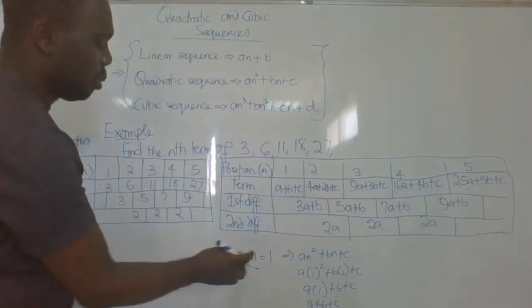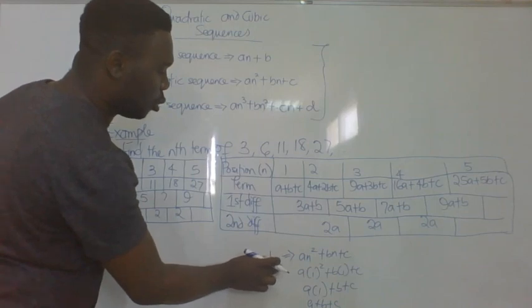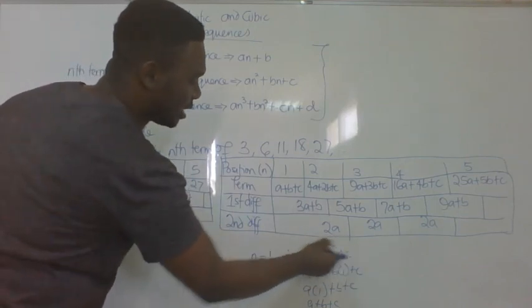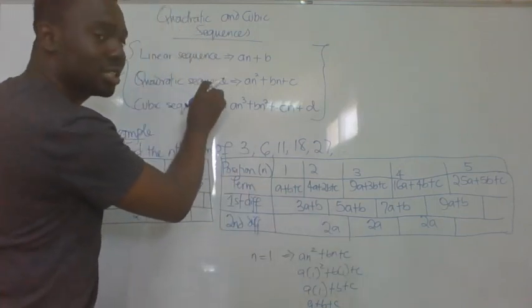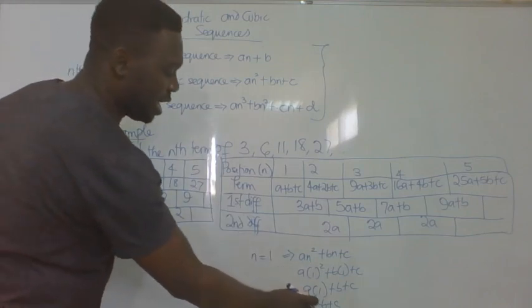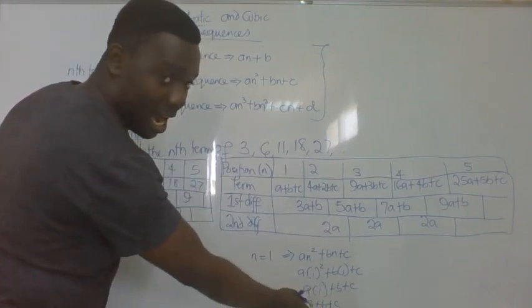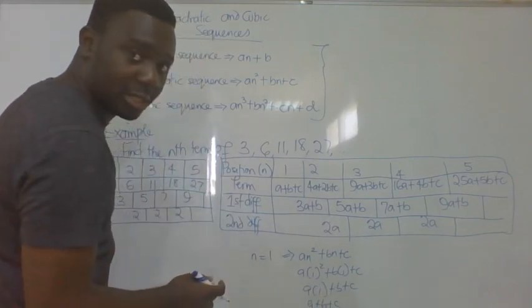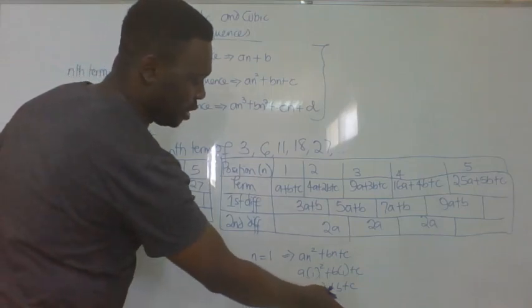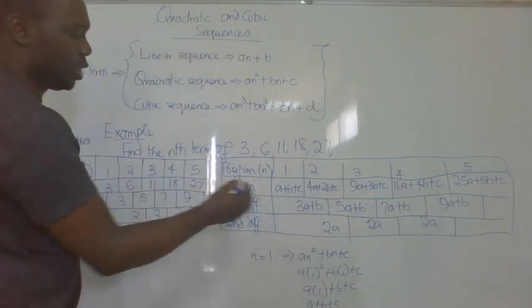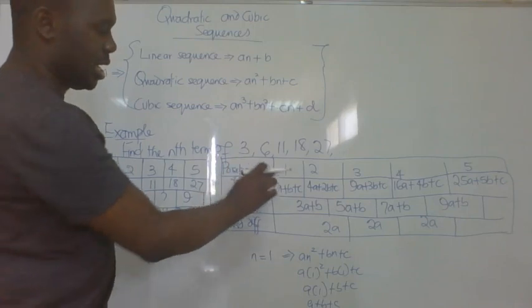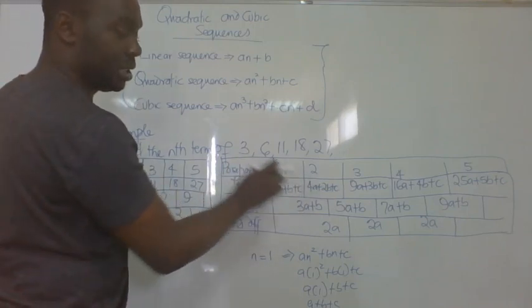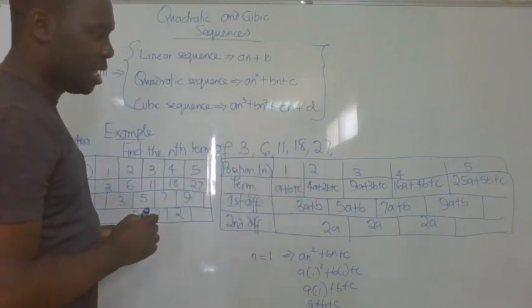So when you put n equals 1 into this nth term representation for a quadratic sequence, you are going to have a plus b plus c at the end, which is what you have here.